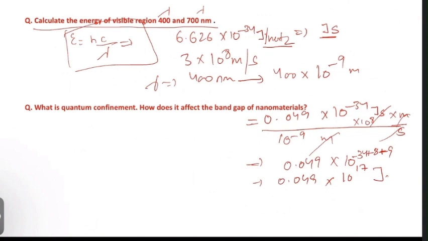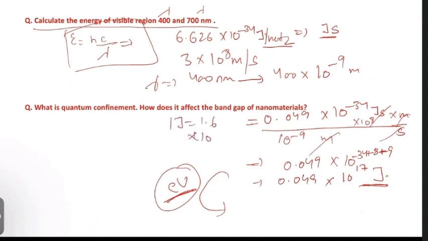But this is in joule. I want to convert this energy into electron volts, since we are talking about band gap. Band gap is mostly represented in electron volt. So 1 electron volt is equal to 1.6 into 10 raised to power minus 19 joule. So what we will do: 10 raised to minus 19, and into 1.6.